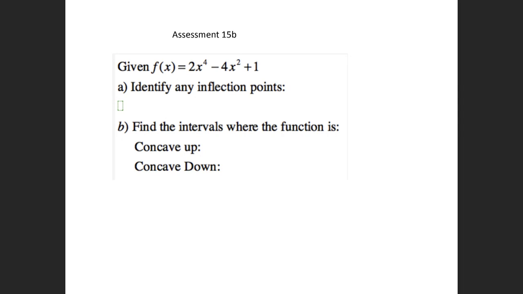All right. Did you find the intervals where it's concave up and concave down, or are you still working on it?